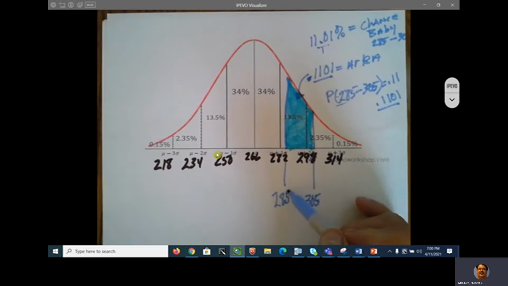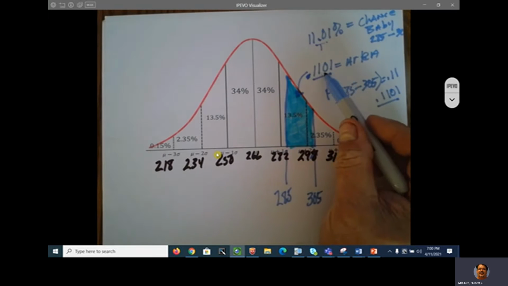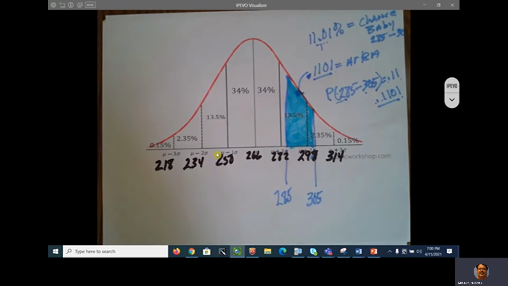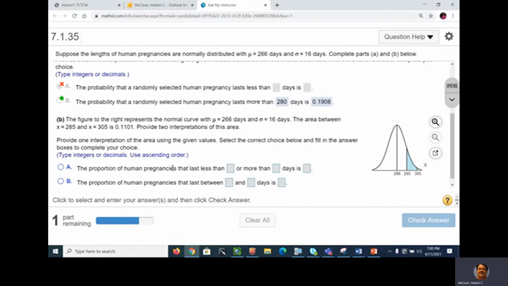The area between 285 days and 305 days is 0.1101, or the probability that you will have your baby between 285 days and 305 days is 0.11 or 0.1101. And that's the way they're going to ask. So that's what you're going to say in the next problem.